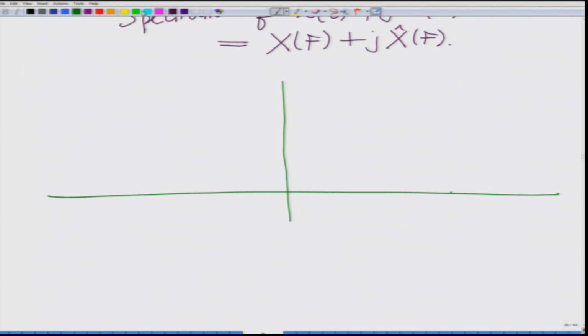Now, when you add these, the positive band at f c is scaled by a factor of 2, and the negative band is simply scaled by a factor of 0, so you will basically have nothing there. So this is equal to twice X f for f greater than 0, and 0 for f less than 0.